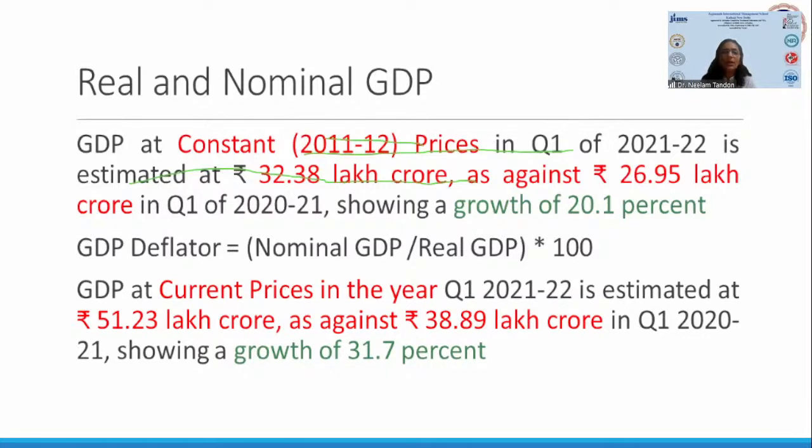Now let's say that there are 100 mobiles produced at a price of 100 rupees, just a hypothetical for simple calculation purposes. So 100 units of mobiles produced at 100 rupees.